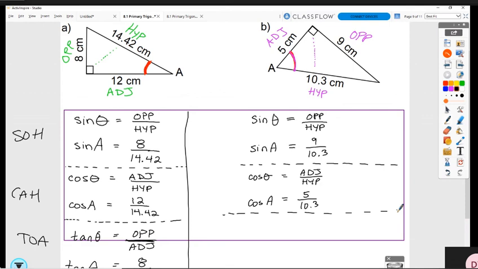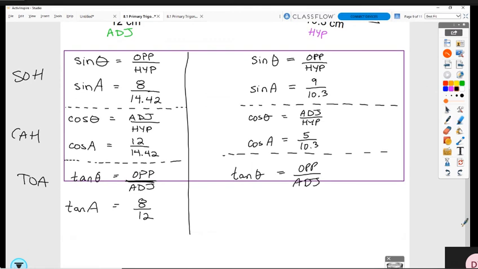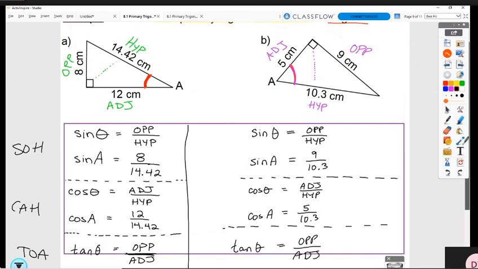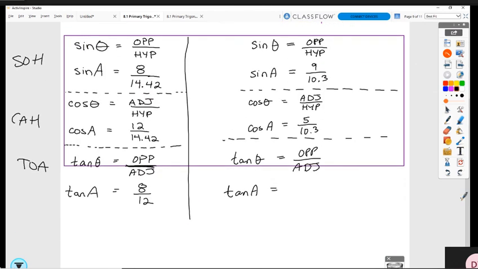Lastly, we got tan, or TOA. Tan theta equals opposite over adjacent. So we could say tan of angle A equals 9 over 5. Yeah, improper fractions can occur as well. Okay?